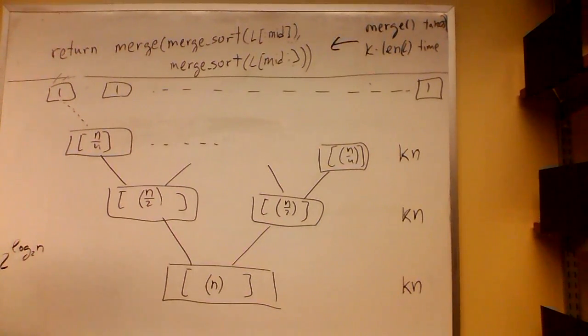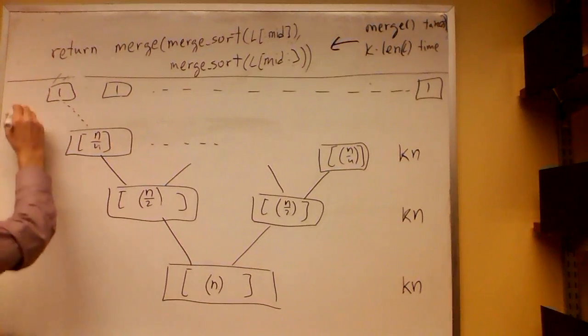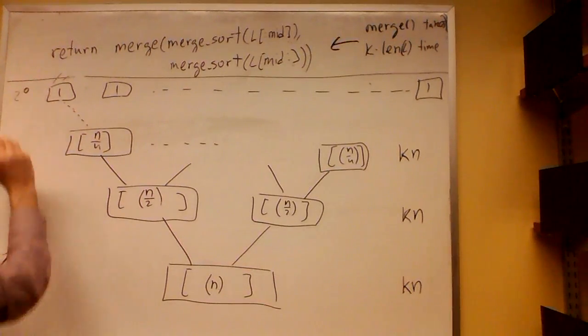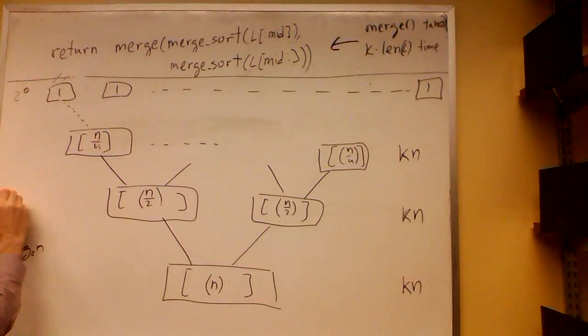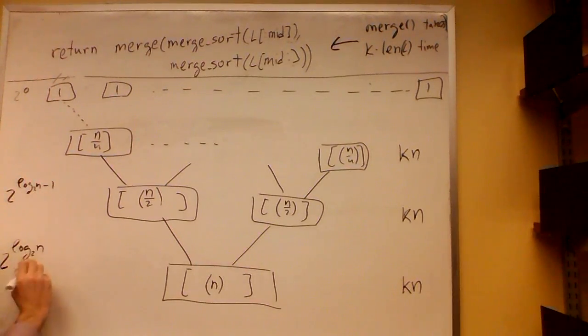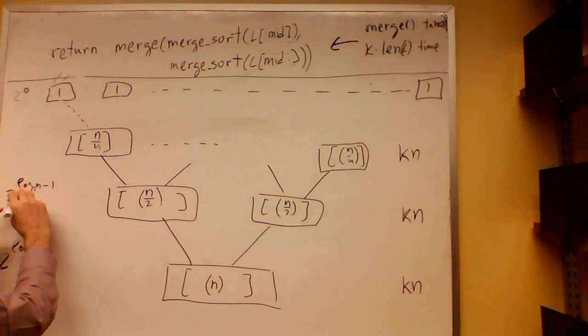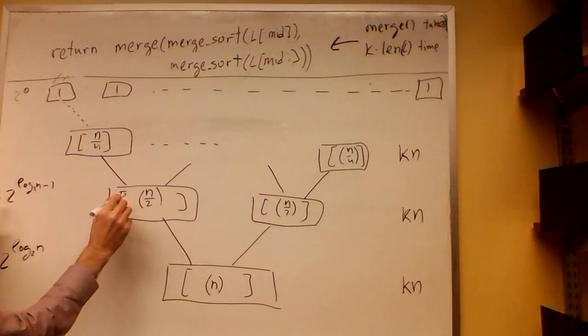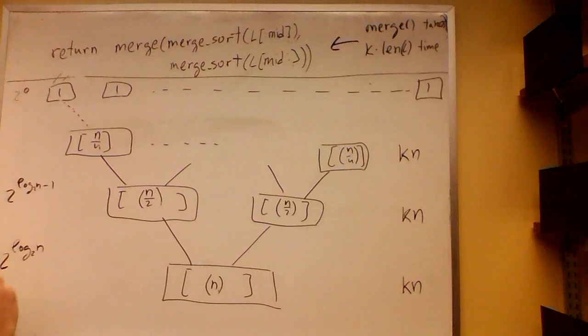That's the same thing. And then this is 2 to the 0. And this is going to be 2 to the log 2 n minus 1. That's this number. This is n, and this is going to be n over 2, and so on. So in order to get from 0 up to log 2 n, how many levels do you need? You need log 2 n plus 1 levels.